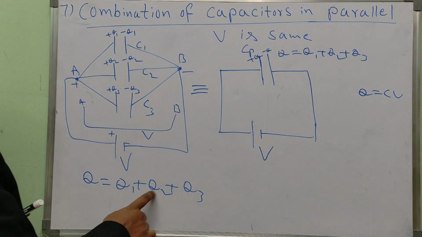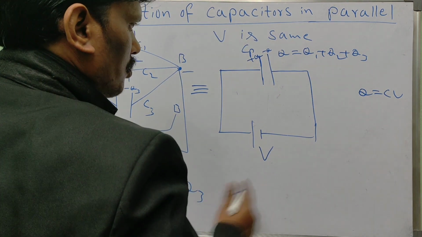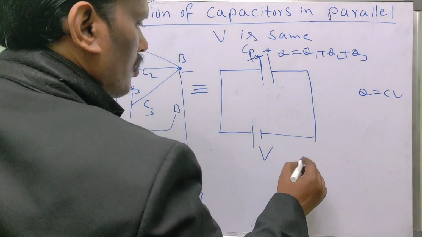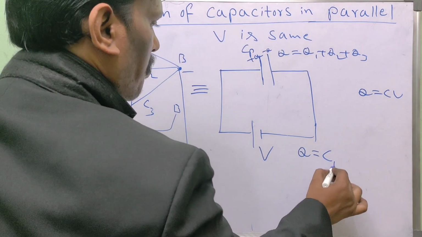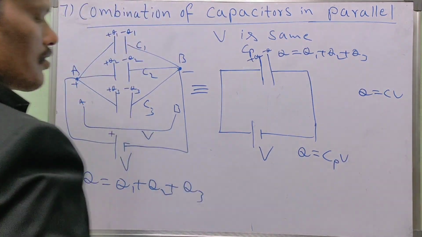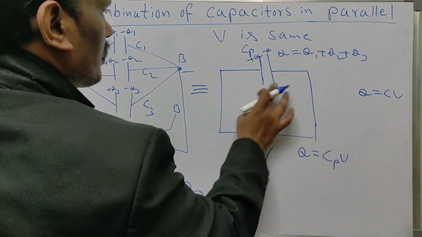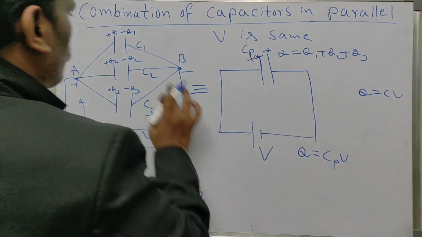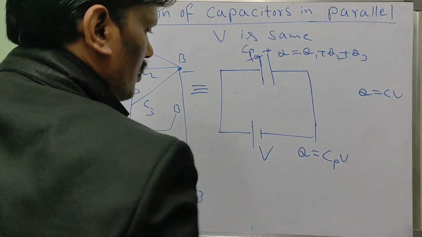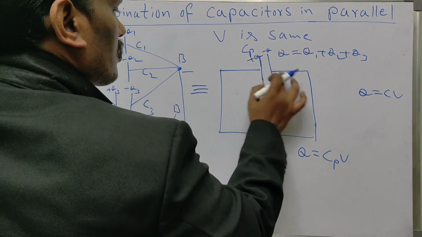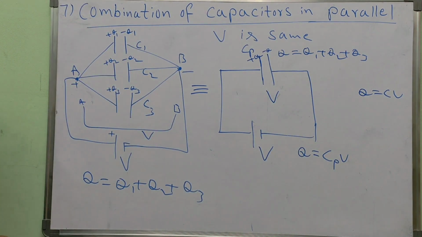Now Q is equal to CV, so Q is equal to Cp into V, where C is Cp, the equivalent capacitance of these three capacitors connected in parallel, and V is the voltage of the cell. Why? Because across the equivalent capacitance the same potential V is present.